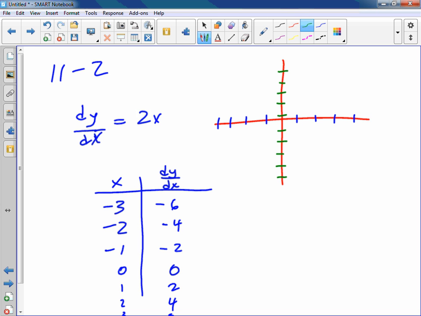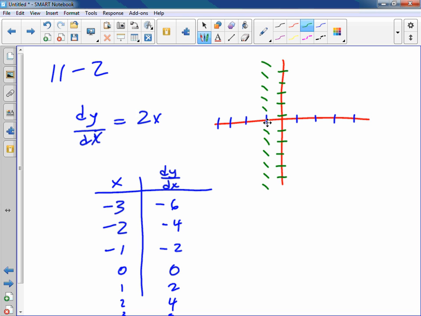At -1, what are the slopes like? -2. So if you draw a vertical line everywhere here, the slopes are going to be -2.